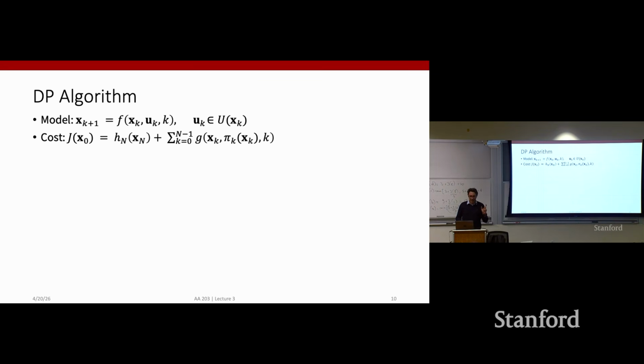I'll get to you in a second. Dynamic programming gets tricky in the following way. Once your problem is defined in the canonical way, so you have a discrete time equation for your dynamics, and then you have an additive cost for your optimization problem, then, at least conceptually, the algorithm is trivial.